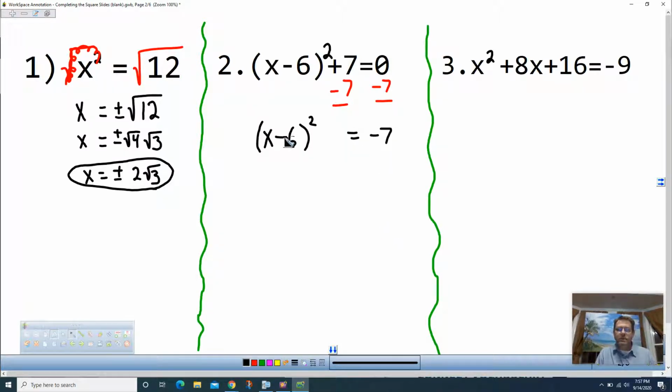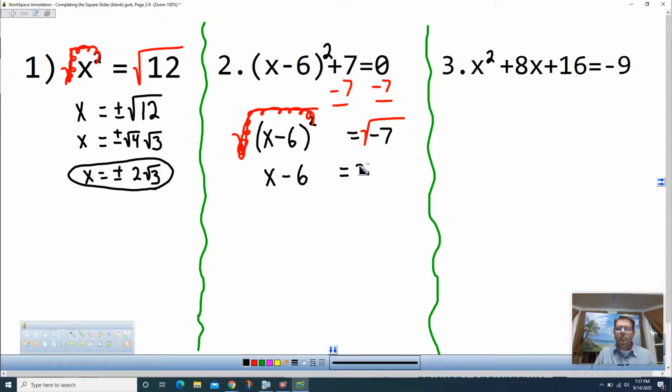Now we have something squared equals a number, just like we had for number 1. So we can again take the square root of both sides. Our square and square root will cancel each other out, and whatever is inside plots on down to the next line. We don't worry about what to do with it, just bring it down first.